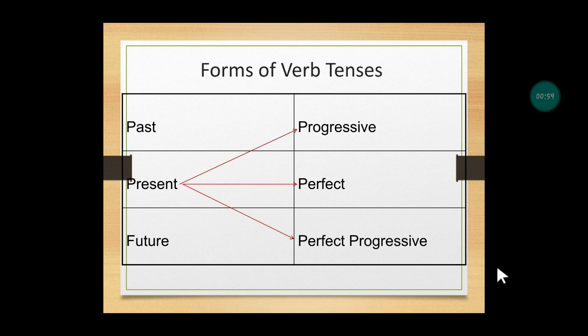These are the forms of the present tense. Future progressive tense, future perfect tense, future perfect progressive tense. So, along with the simple tenses and the three forms of each, we have 12 forms of tenses.